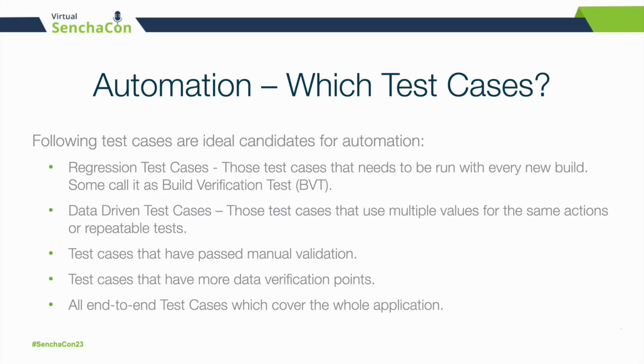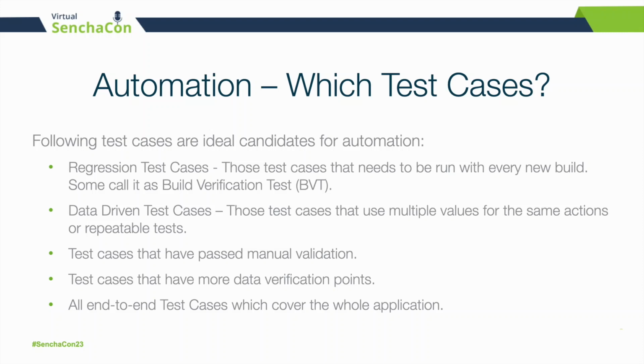These test cases are the right candidates for automation. Then we have data-driven test cases. These test cases have multiple data sets with the same execution flow. Basically, this will have repetitive steps. We can automate these test cases, which reduces the manual effort.